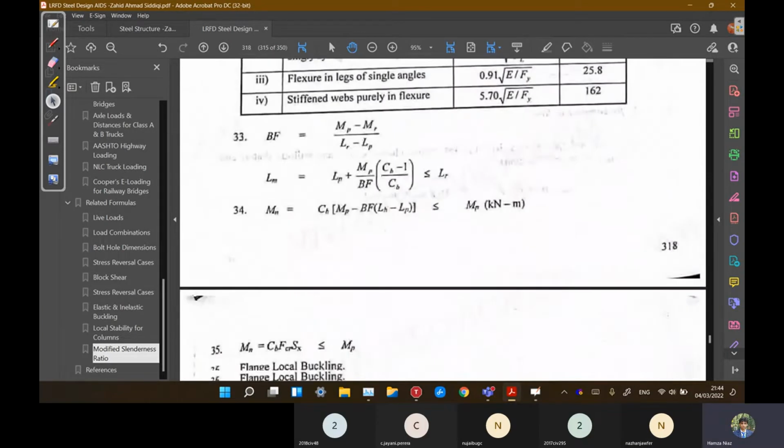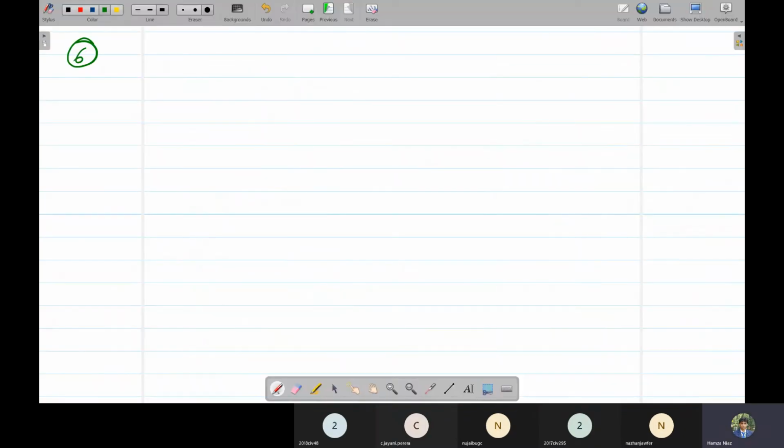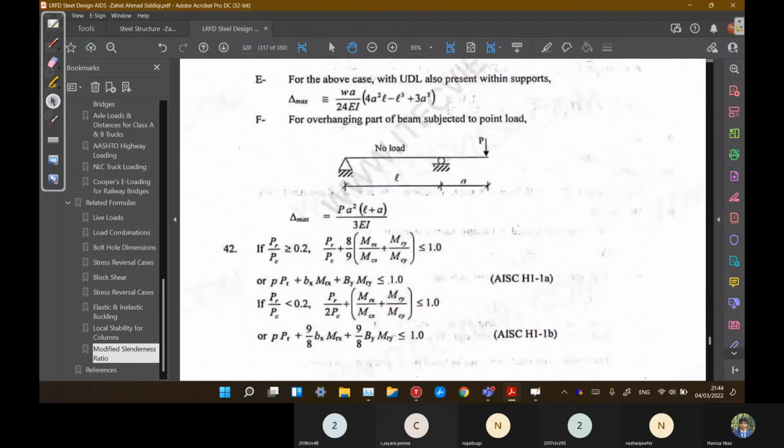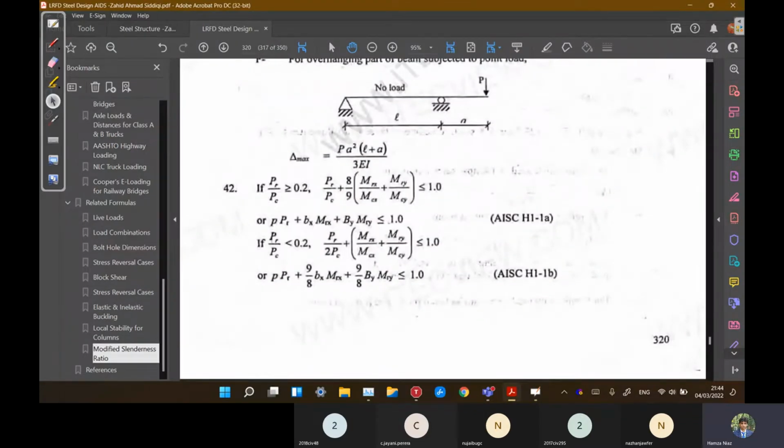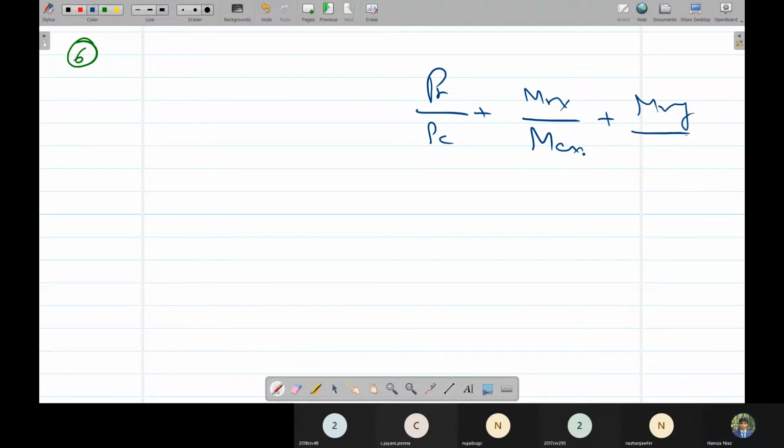So our second last step would be to calculate the capacities of our sections. This is the interaction equation we are going to use. Suppose if I write it here, then it will be PR over PC plus MRX over MCX plus MRY over MCY.